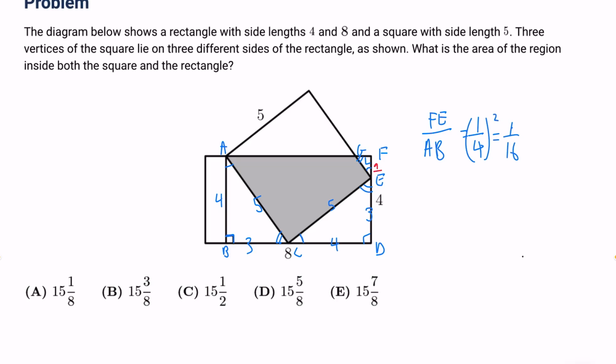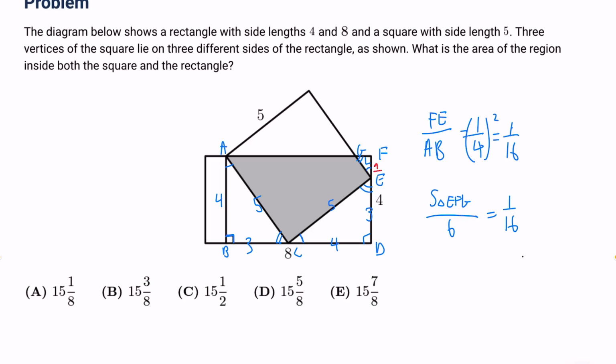And then so we have that the area of triangle EFG over the area of the triangle ABC, which we know is base times height divided by 2, which is 3 times 4, 12, divided by 2 is 6, over 6 is equal to 1 over 16.